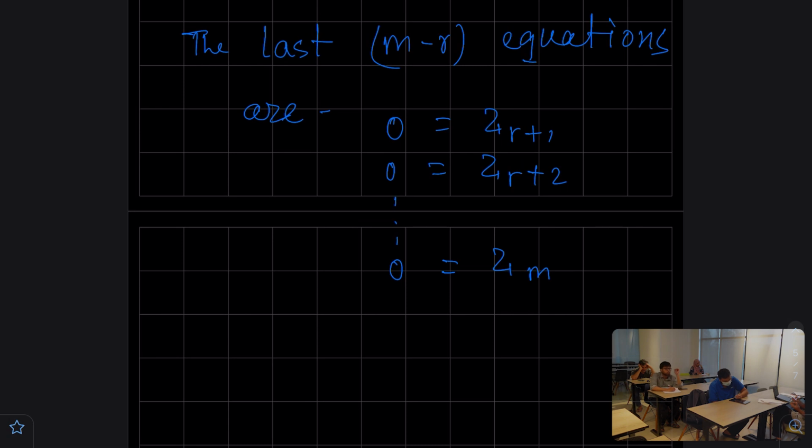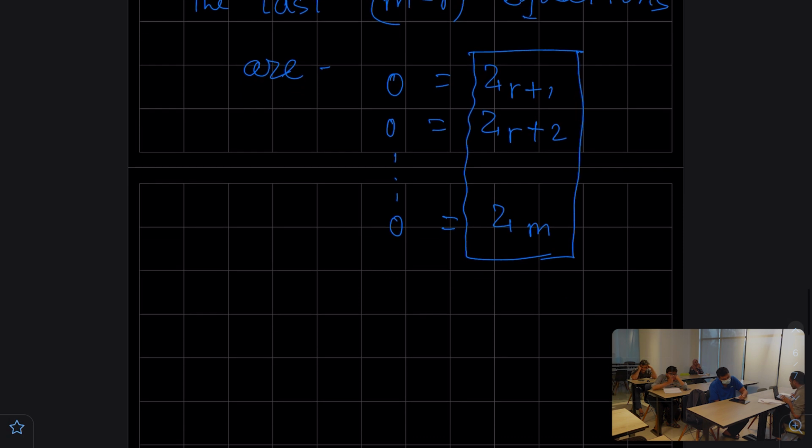Because on the left hand side, all these rows are 0 in the row reduced matrix, right? So since all these rows are 0, if I multiply these rows with the n cross 1 matrix x, then this is just 0. But on the right hand side, there are m z.